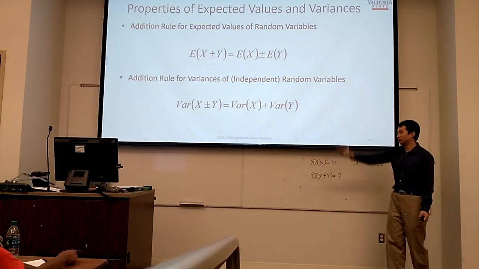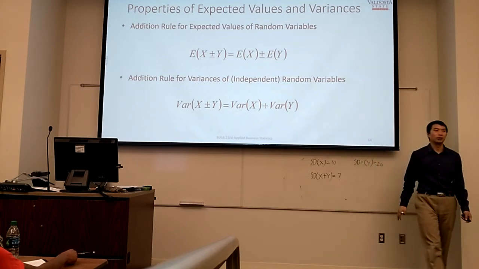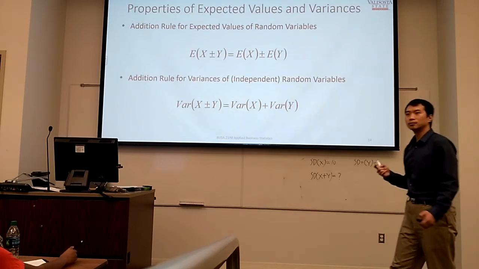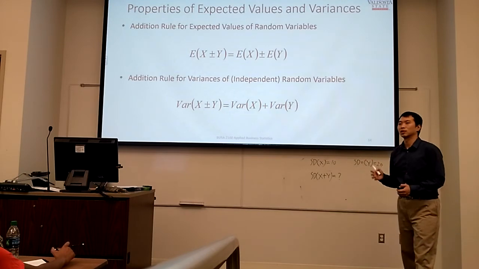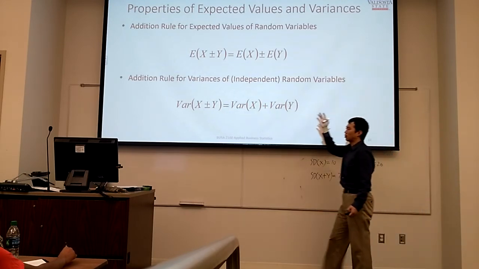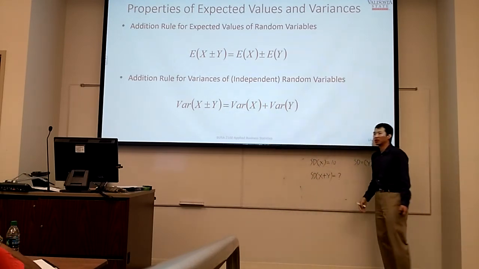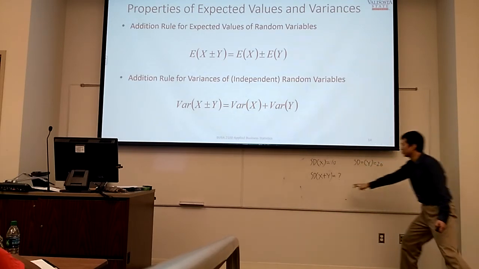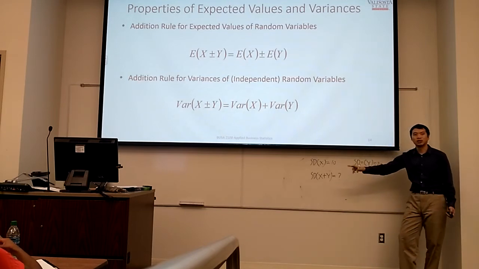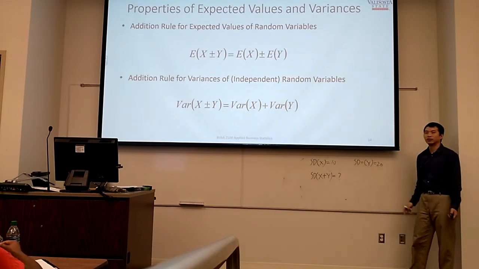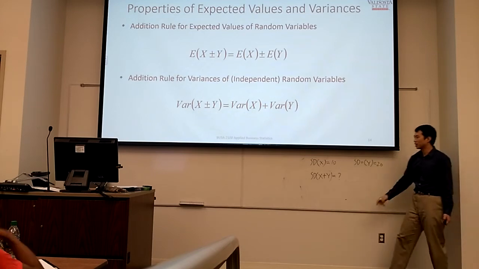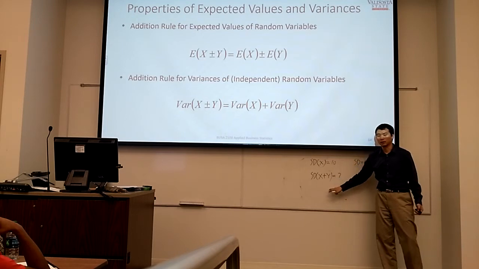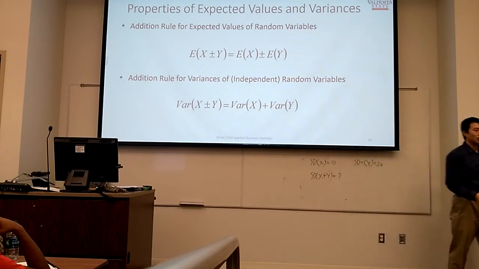Can we use those properties to calculate this one? Let's think about it. We don't have a direct property for the standard deviation, but based on what we have in this slide, can we do the calculation? We know the standard deviation for x, we know the standard deviation for y, and I want to calculate the standard deviation of the sum of the two variables, x plus y. How do we do the calculation?